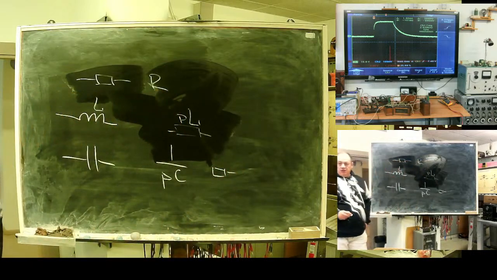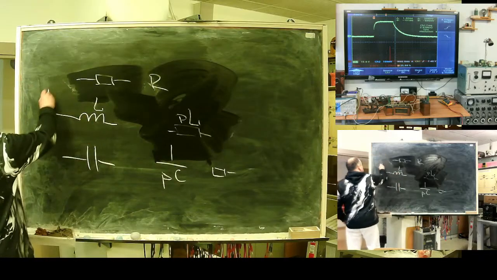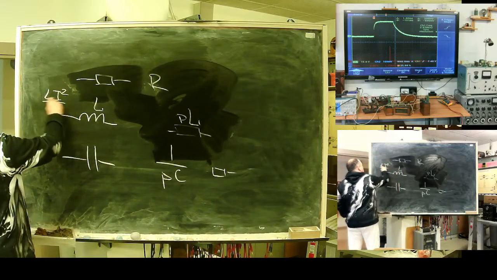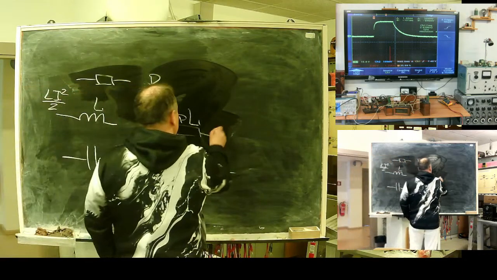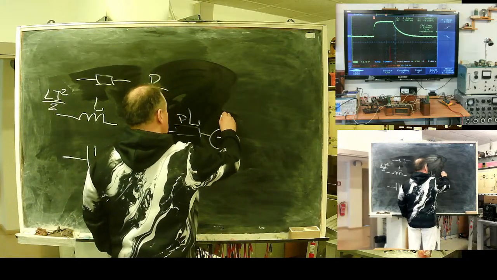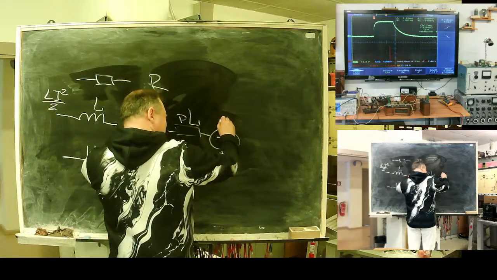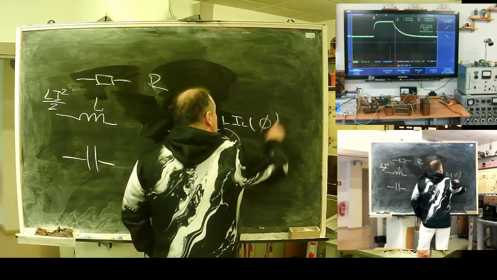You need to respect energy stored in reactive elements. So a coil can store magnetic energy, 1/2 of inductance times the square of current. To reflect it, you add a source L times i from 0.